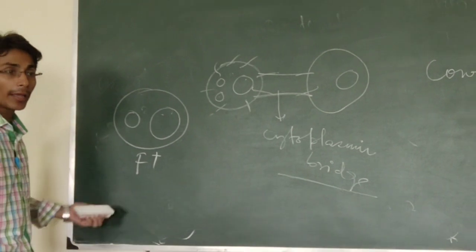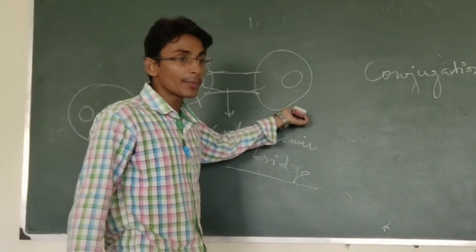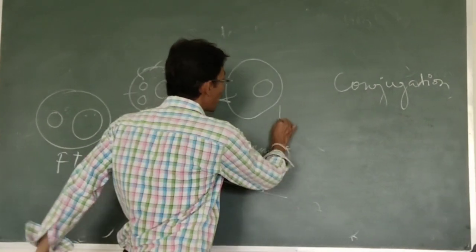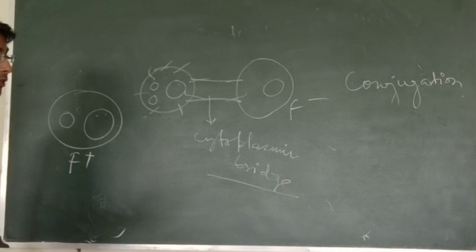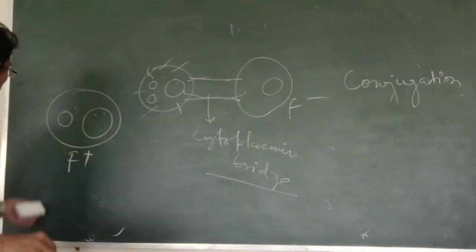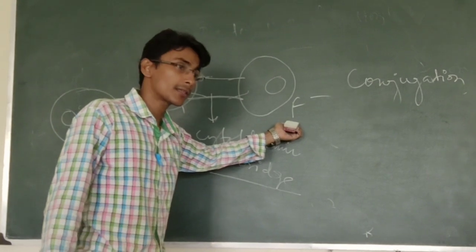Those bacteria that don't have any plasmid are called F minus cells. Is it clear? If the plasmid is possessed, it's called F plus; if the plasmid is not there, it's called F minus.